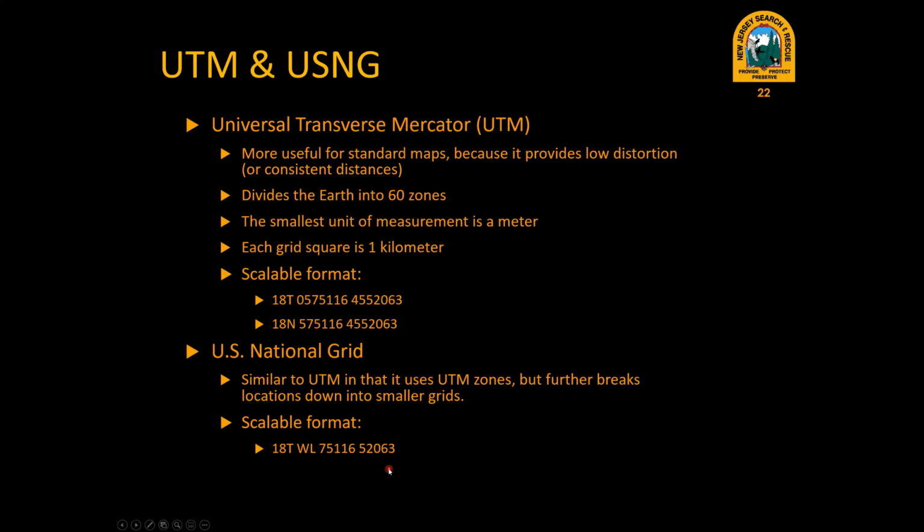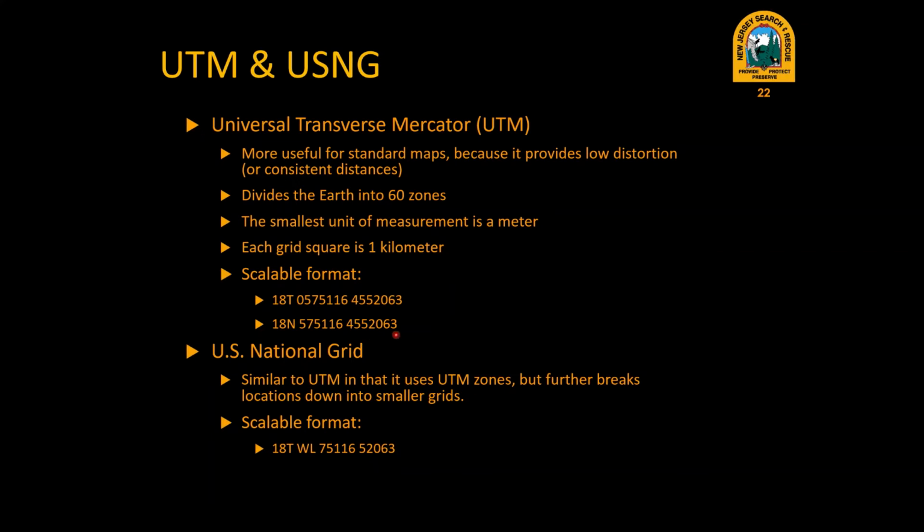You'll notice that the 5 by 5 numbers at the end of the US National Grid are the same as the last 5 digits in the easting and northing in the UTM coordinates. And that's because it's the same coordinate.